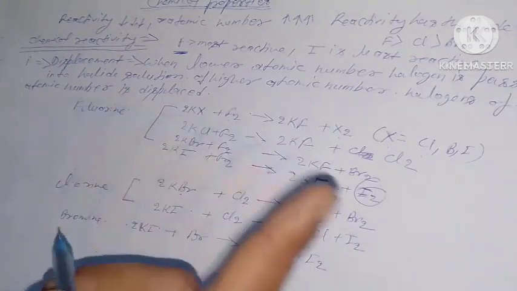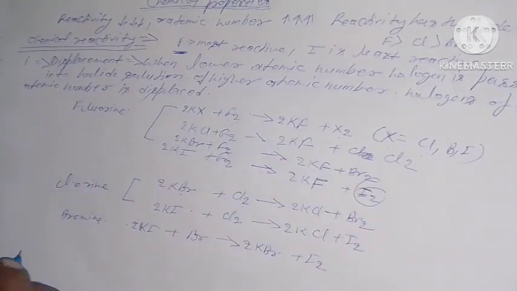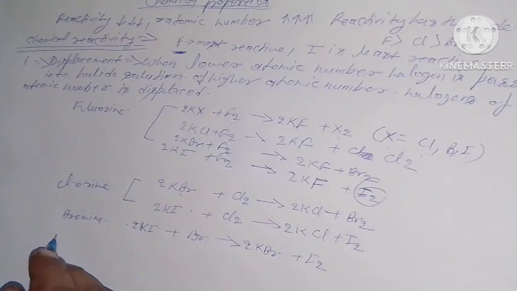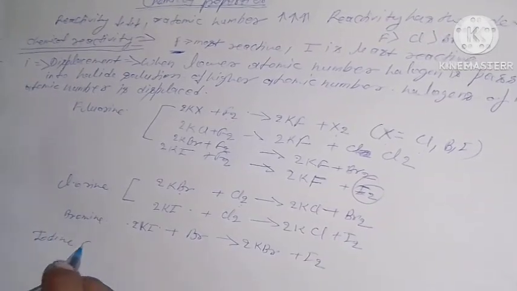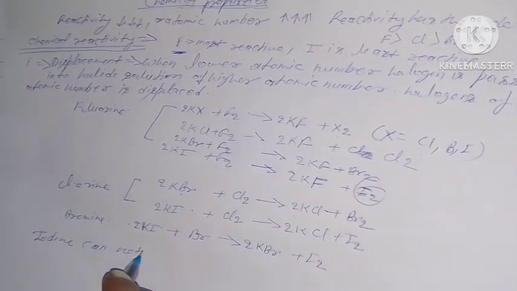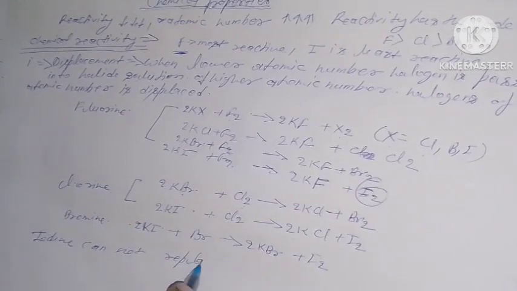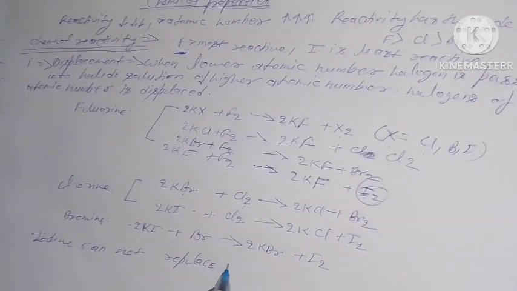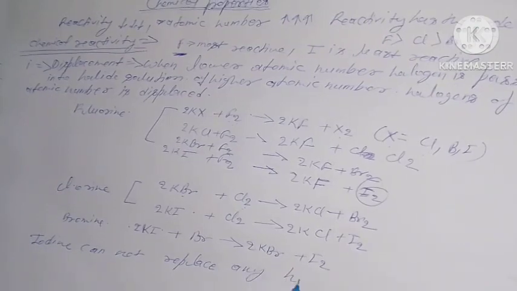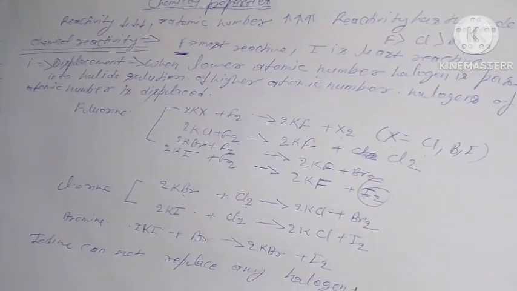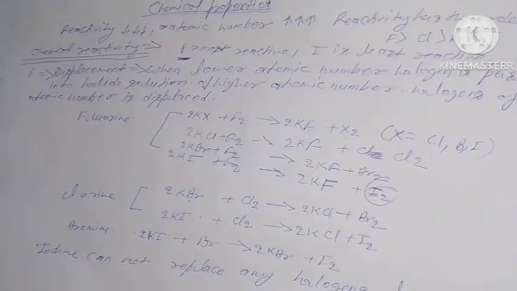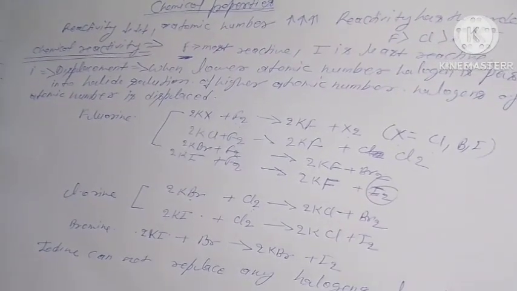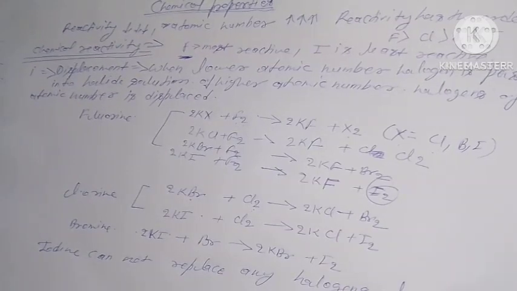Iodine cannot replace any halogens from their salts.